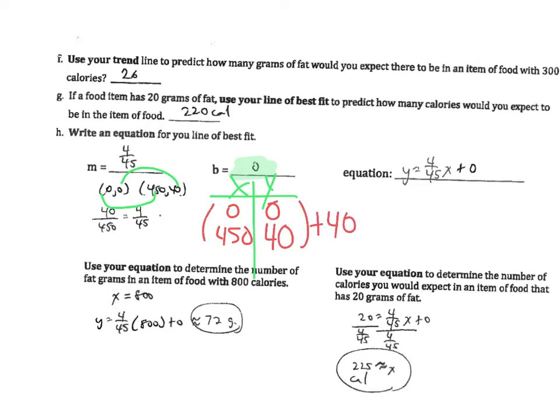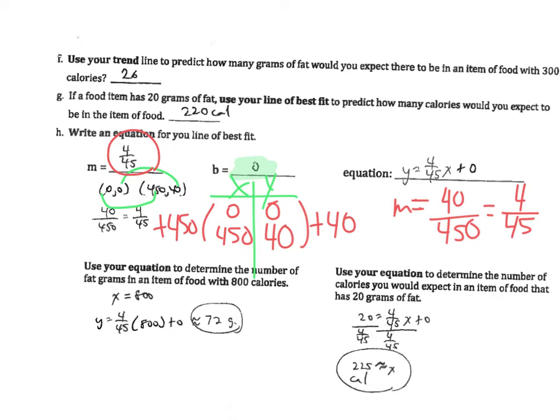My change in x is plus 450. Slope, m, is change in y over change in x. So that would be 40 over 450. And I can reduce that to 4/45. That's where I get this number right here, 4/45.